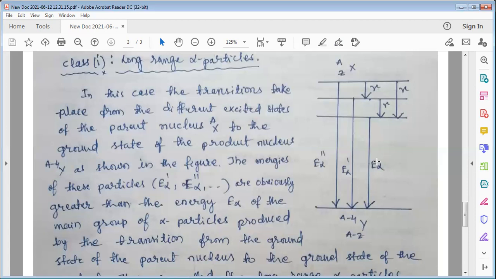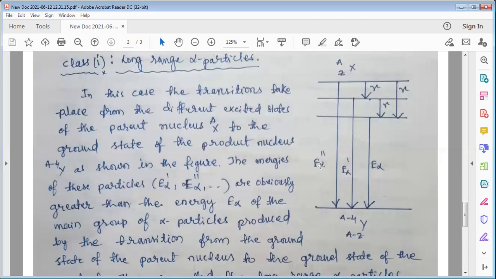which are emitted due to the transition from the ground state of the parent nucleus to the ground state of the product nucleus are called the mainstream alpha particles or main group alpha particles, because these alpha particles are highest in number, or we can say that this is the most probable transition between these two states.